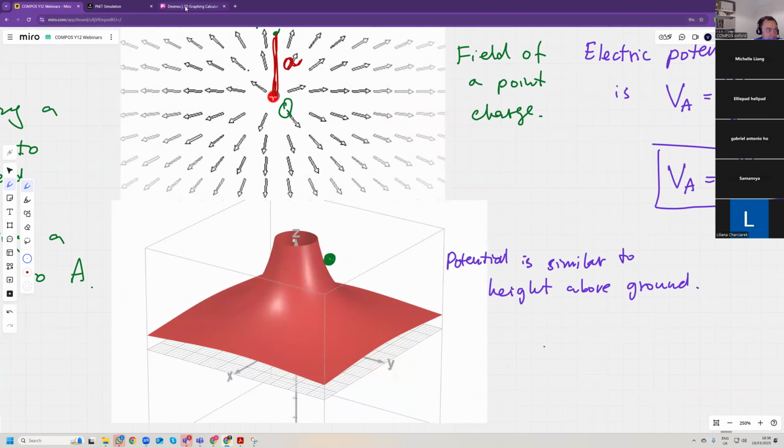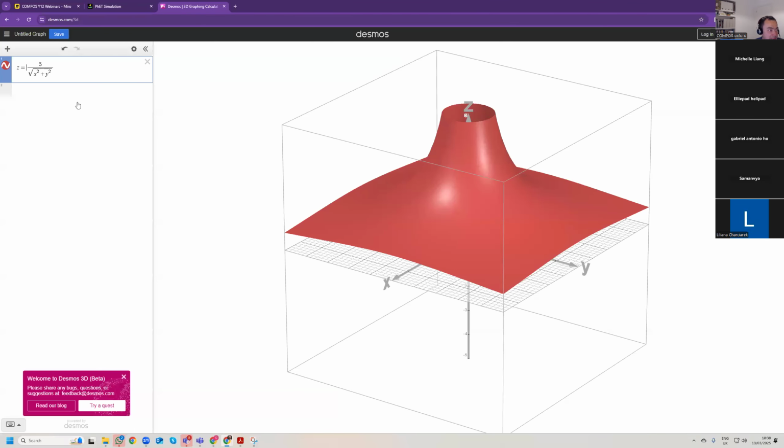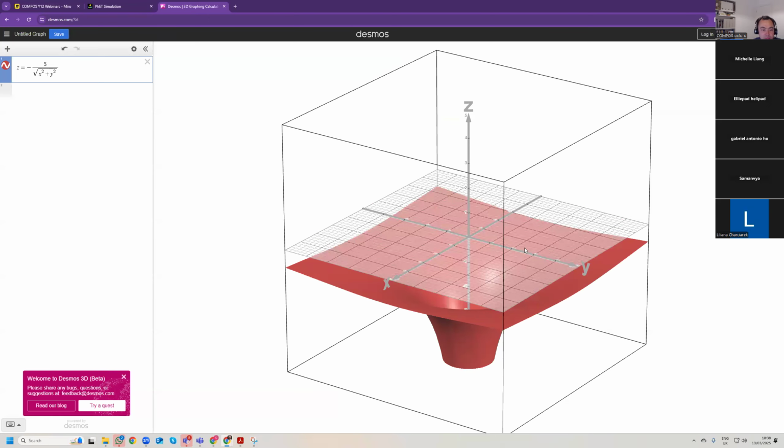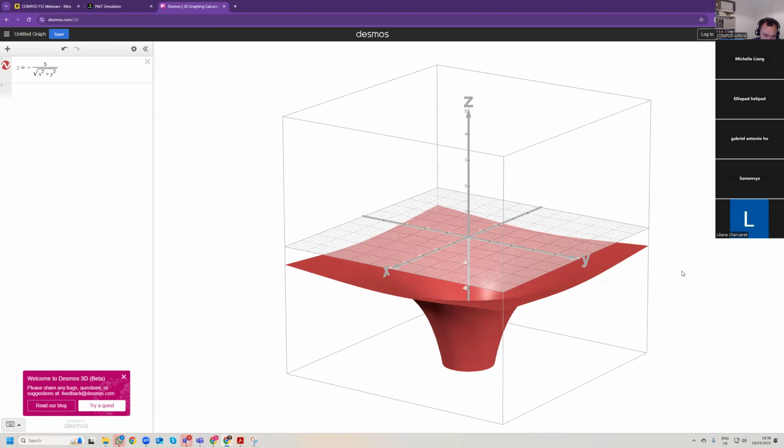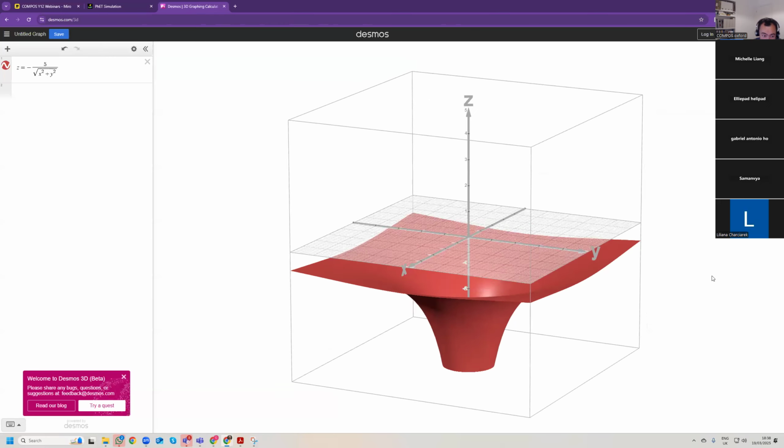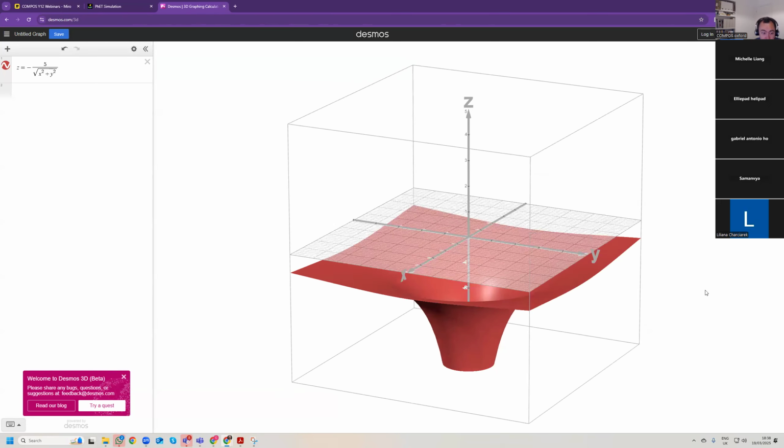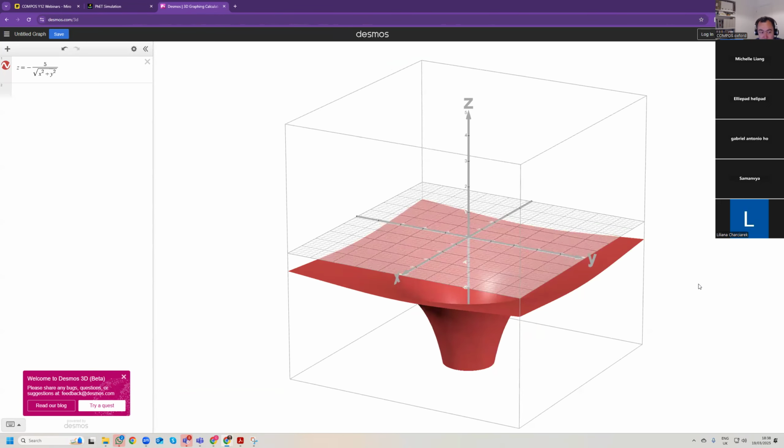A negative charge will create a negative potential. So a positive charge would simply roll towards a negative charge, and that's negative potential.